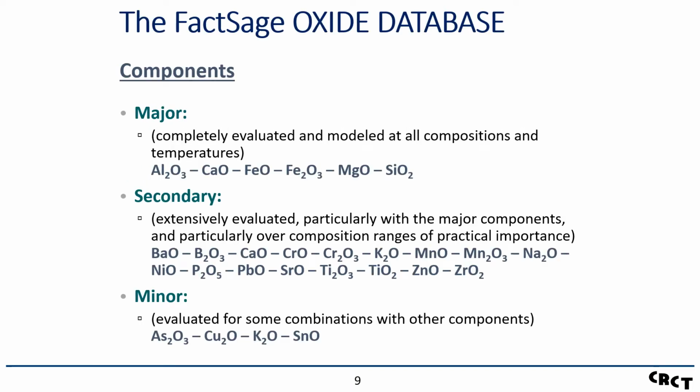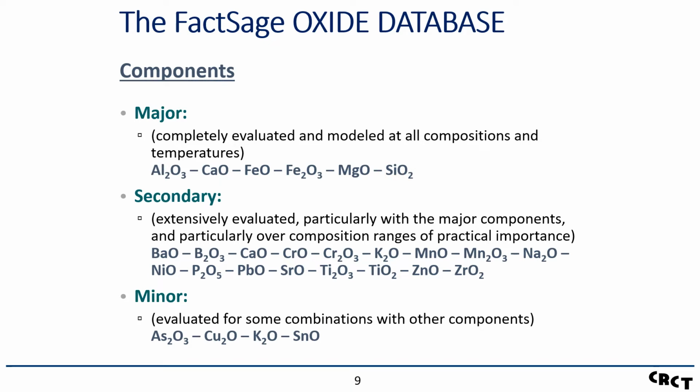Just to show you an idea of where we've been doing this for the last 45 years for the FactSage system. Our Oxide database has completely evaluated and modeled parameters at all compositions and temperatures for this 6-component system.